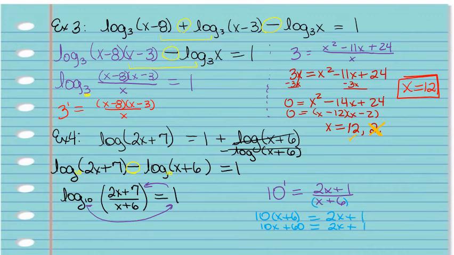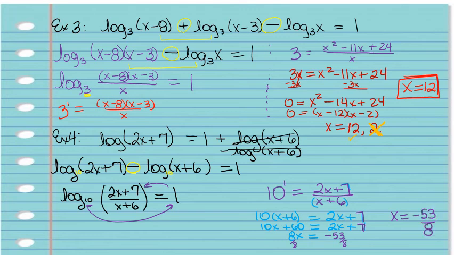And then I'm going to solve for x. That's going to give me 8x equals negative 53. So that means x is negative 53 over 8.